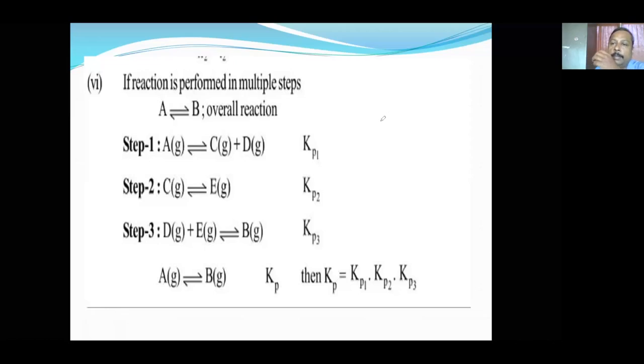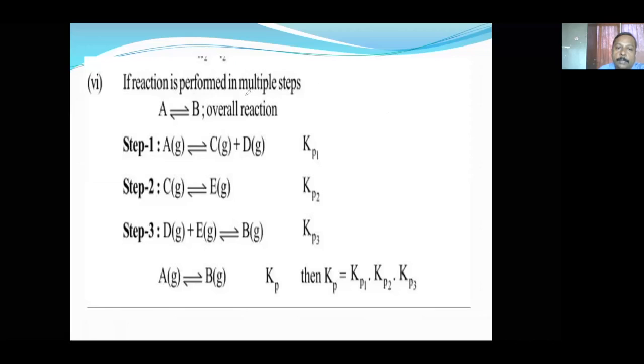Everything is planned and the slides are made so that not a single topic is missing. We are going to discuss multiple equilibria and simultaneous equilibria also. If you want questions, those questions are already discussed, solved and uploaded.